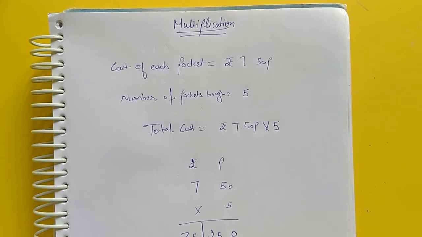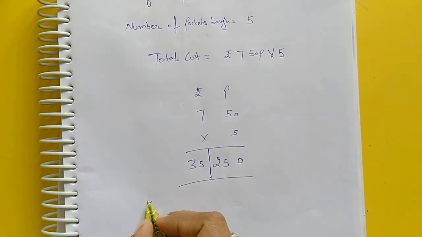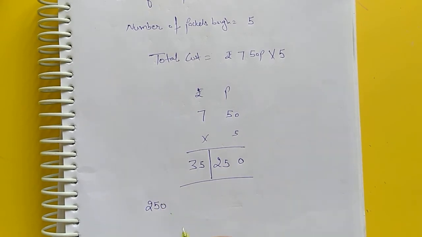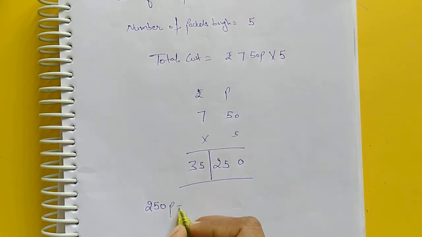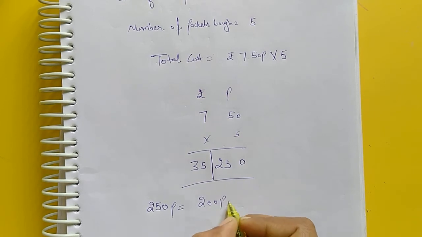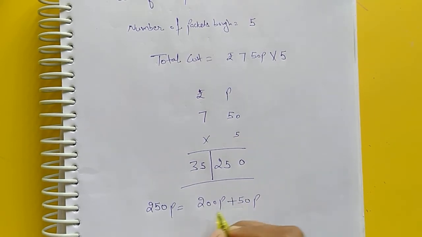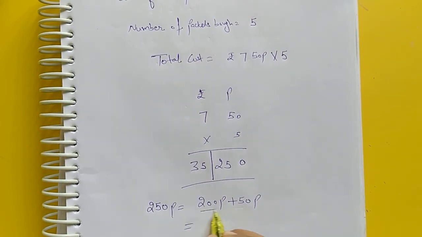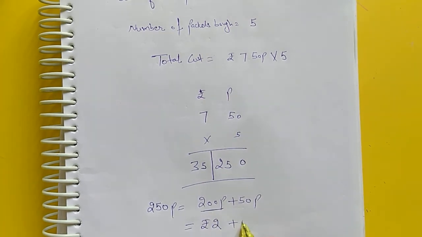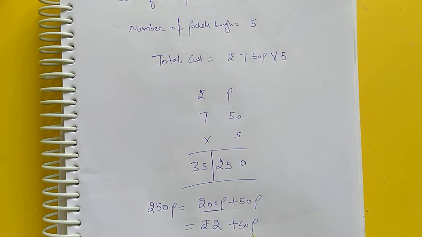But you know very well that 250 paise means 200 paise plus 50 paise. You know very well that 200 paise means 2 rupees plus 50 paise. Okay.